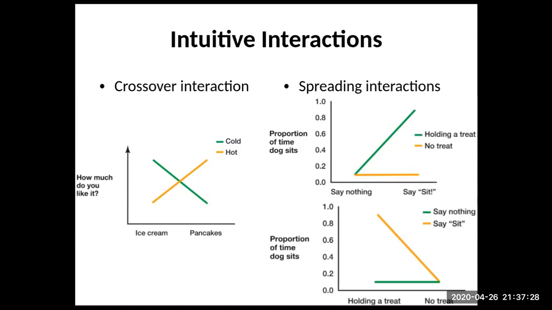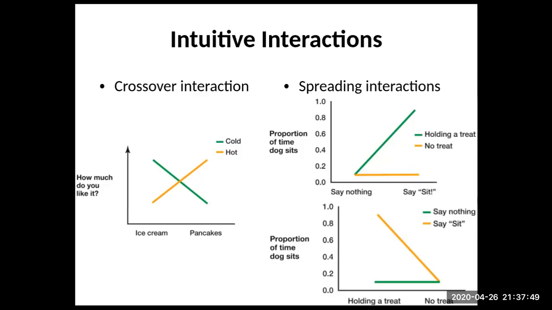Now, holding a treat and saying sit on the top, it becomes the top left, and that is a proportion of time where the dog actually sits for about a second. And then it goes back down to nothing if you're not holding a treat. So it's the same exact information, and they both show a spreading interaction.